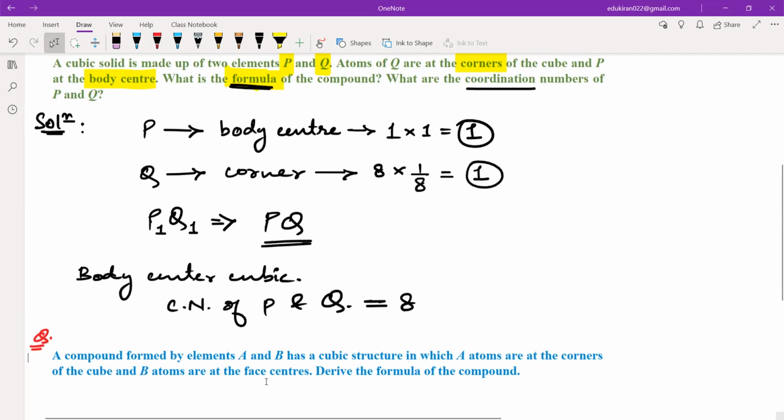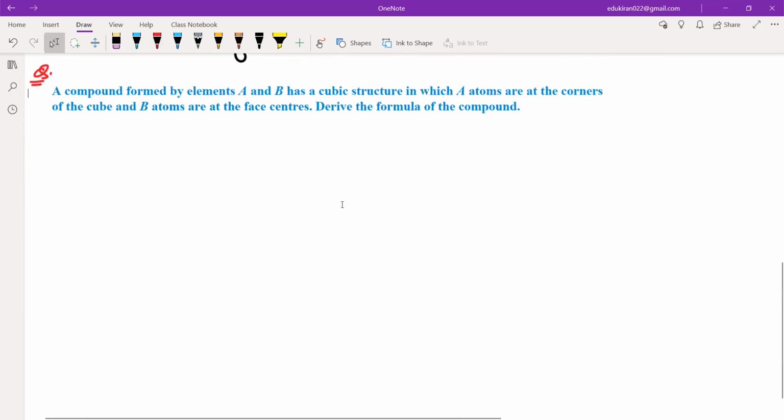I think all of you are done with the previous question. Please write this question and then you can start solving it. You can solve this, right? Yes or no? Try it.